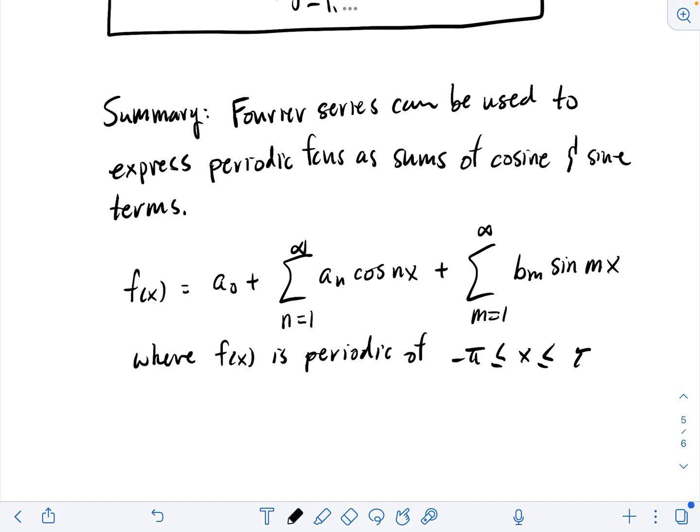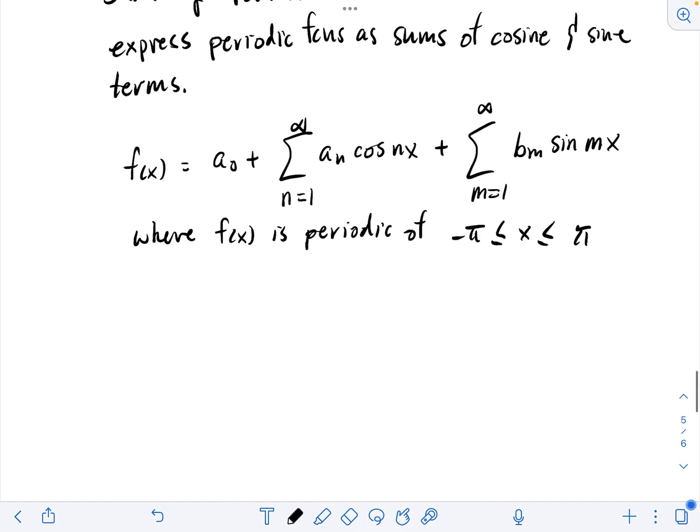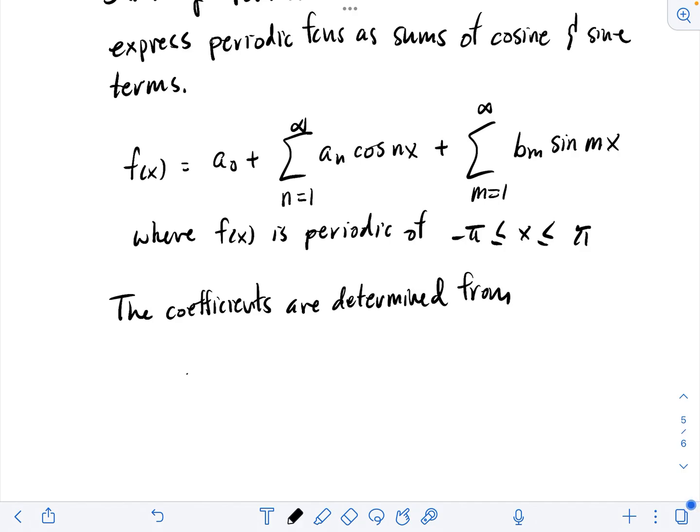Okay, so the coefficients are determined from, let's see, a0 was 1 over 2 pi of the integral from minus pi to pi of f of x dx.